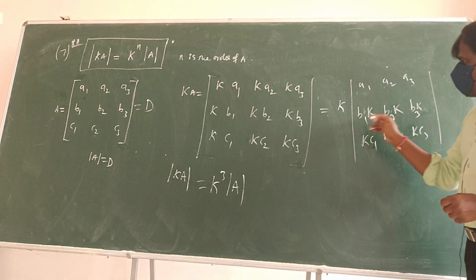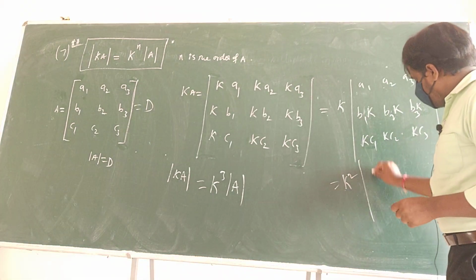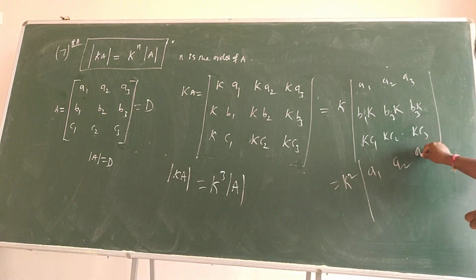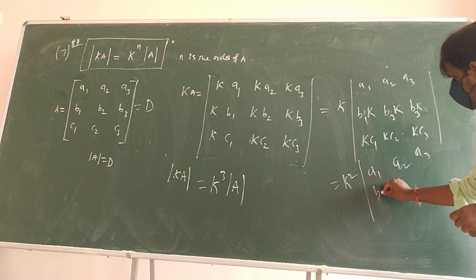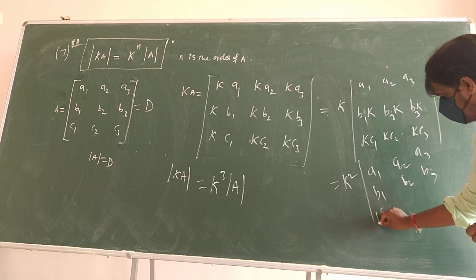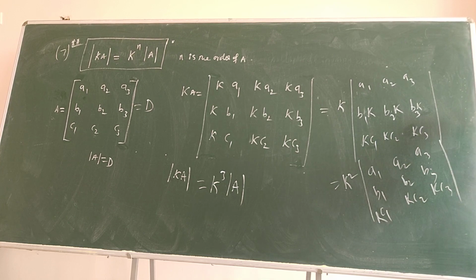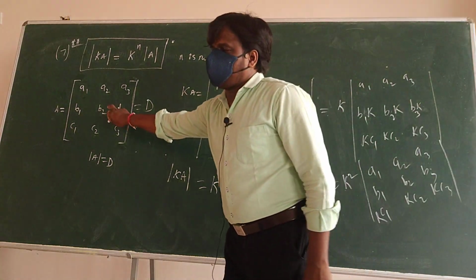Next time I will take K out of another row, so I get K square. Then A1, A2, A3, B1, B2, B3, C1, KC2, KC3. Next again I will take common K, and this will give K cube.